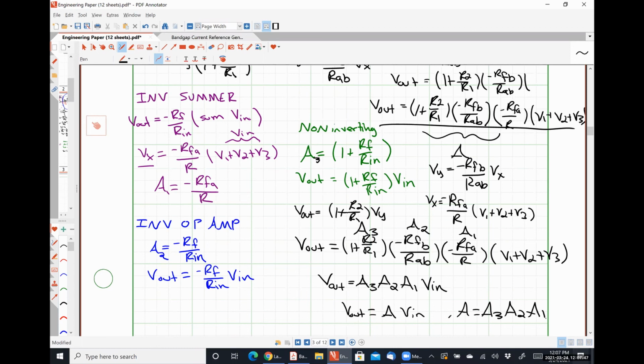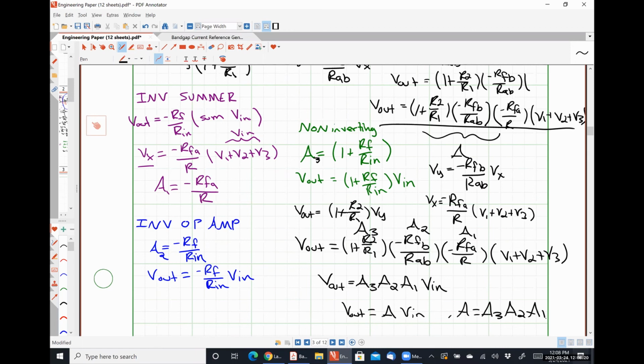So the importance of this is we can simplify the circuit analysis significantly if we can identify the stages of amplification that are happening. That's why we went through those common op-amp, or specifically negative feedback op-amp topologies in the last class. If we can't identify the different stages, we have to go through the brute force method that is as ugly as the first two examples that we looked at.